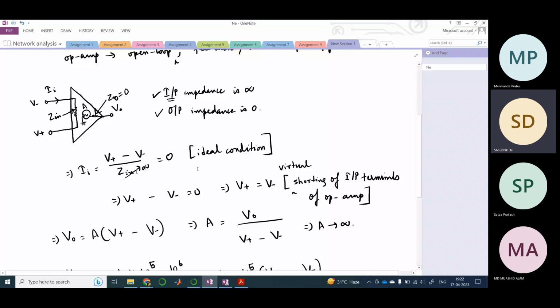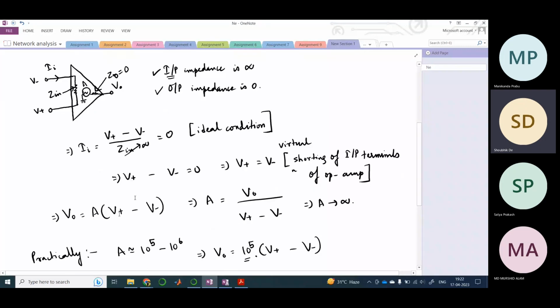So practically there would be some voltage difference between the two terminals here, let's say 5 millivolts or in that order. There would be some difference, but that won't be zero practically. But ideally, you can consider it to be zero unless it's stated otherwise. Okay. Okay, sir.